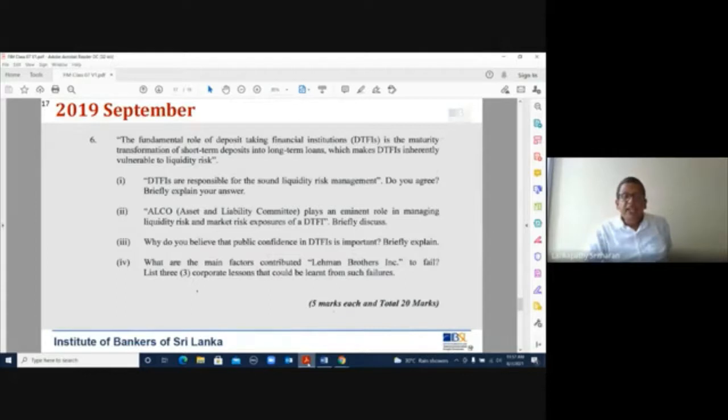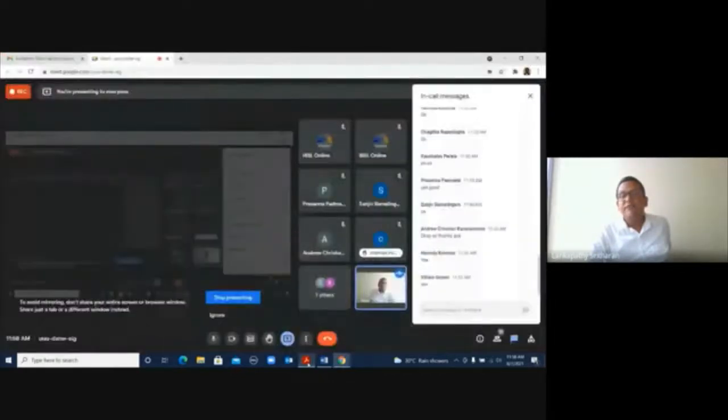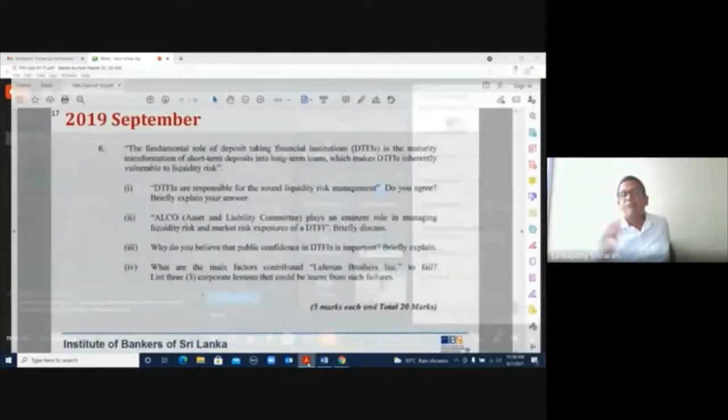Why do you believe that public confidence in deposit-taking finance institutions is important? Briefly explain. This is a question we have discussed, though not exclusively. Can someone answer this? Why do you believe that public confidence in deposit-taking financial institutions is important? Briefly explain. Can someone answer?